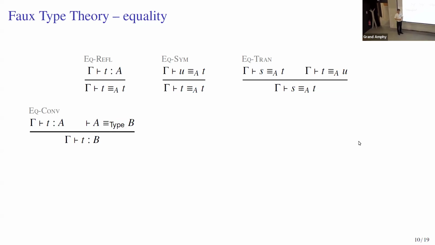Why is this rule tricky? Because it looks like I could use it at any moment. At any moment when I'm trying to prove that T has type B, I could ask myself, but what if there is a type A equal to B, such that T has type A? It would be easier to do this than to do that. This rule can be applied at any moment. We don't like such rules for implementation.